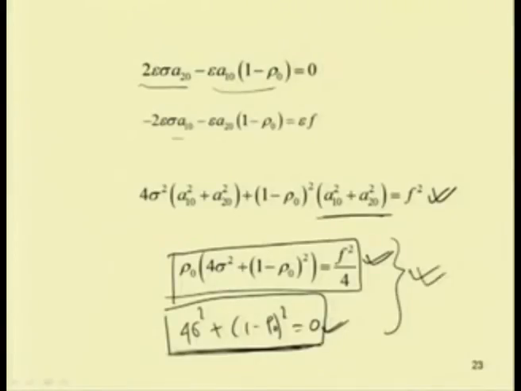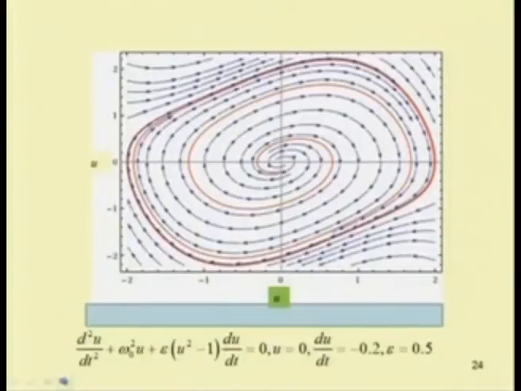For example, using the Runge-Kutta method with different initial conditions, one can see the response to be periodic, or one can obtain a limit cycle if one considers this equation, that is d square u by dt square plus omega 0 square u plus epsilon into u square minus 1 du by dt equal to 0, by substituting u equal to 0 and du by dt equal to minus 0.2 and epsilon equal to 0.5.